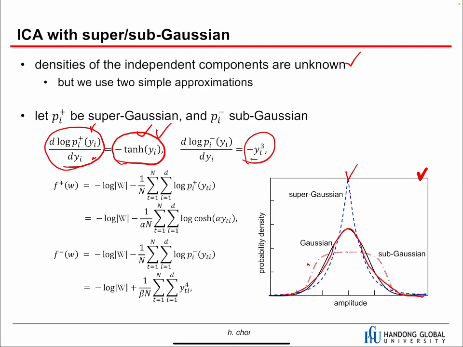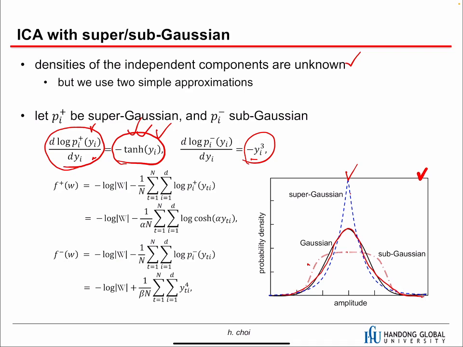Your speech signals are super Gaussian, and some music is super Gaussian. So many signals are many times super Gaussian. So you can try the super Gaussian. If it doesn't work, then you can assume that it could be sub-Gaussian. But anyway, usually we use this one.